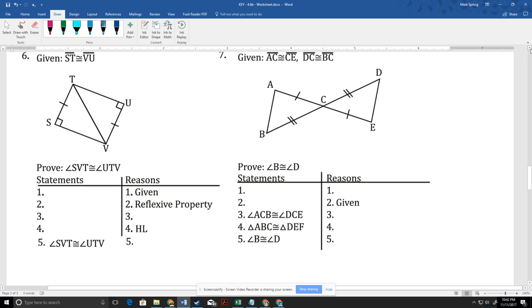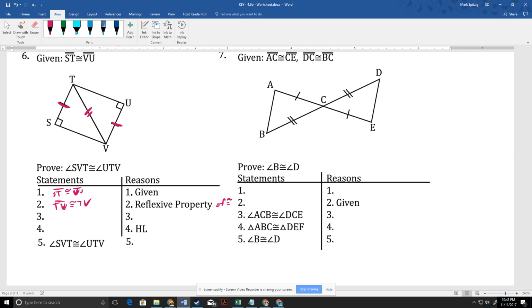So in this one, okay, so we have the given is that ST is congruent to VU. And again, that's this and this. And then the reflexive property would be, of course, TU is congruent to TU. That's the property of congruence.